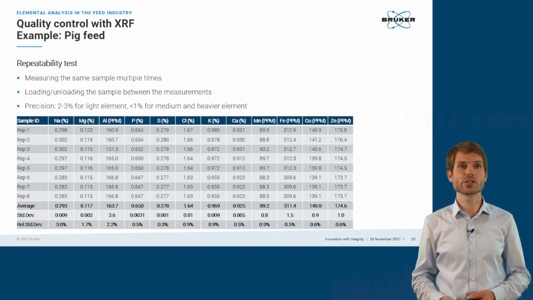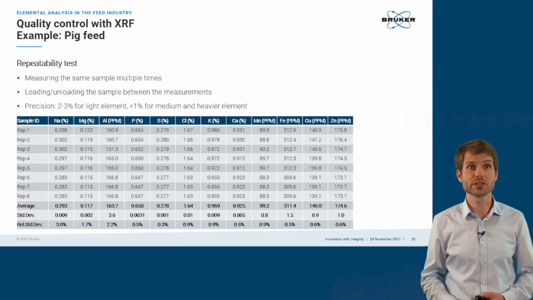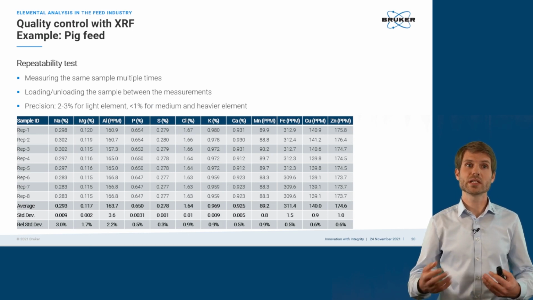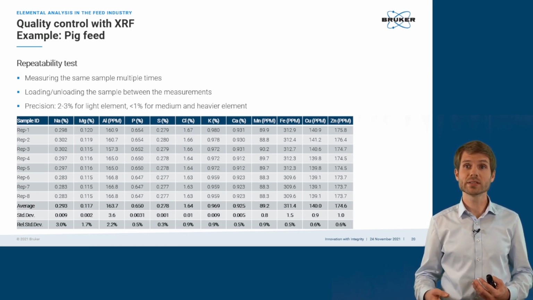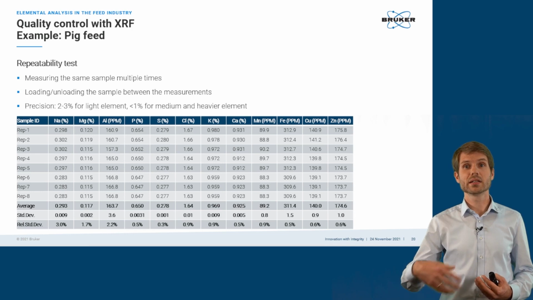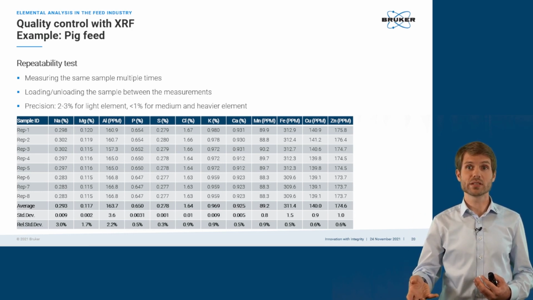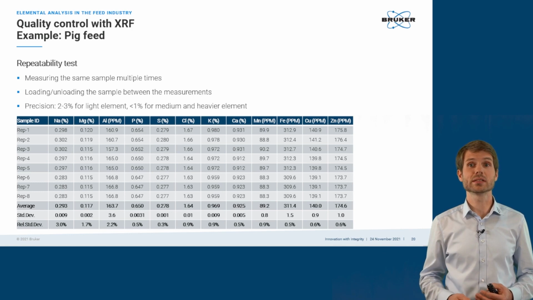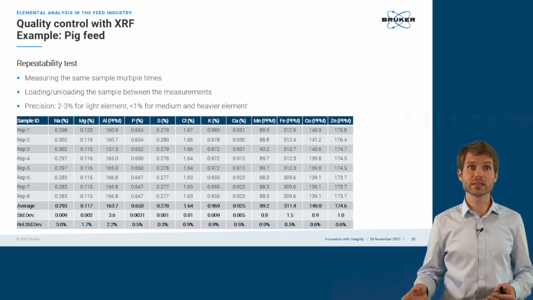And I just want to show you here what this really means in precision. What we did here is we used a sample that we measured a couple of times. Each time it was automatically unloaded from the chamber and loaded again. The vacuum was pumped down and we started the measurement. So this is really covering the full time to result of about 7 to 8 minutes in this case.